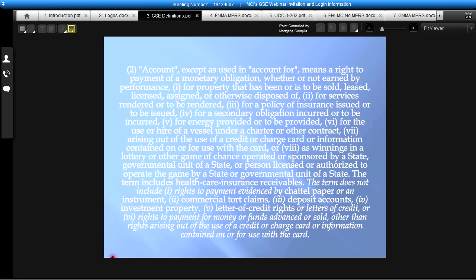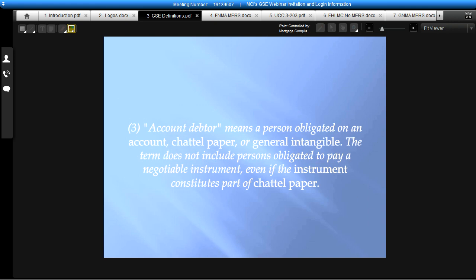If we go down to 3, account debtor. Account debtor in the definition says account debtor means a person obligated on an account, chattel paper, or general intangible. The term does not include persons obligated to pay a negotiable instrument, even if the instrument constitutes part of chattel paper.